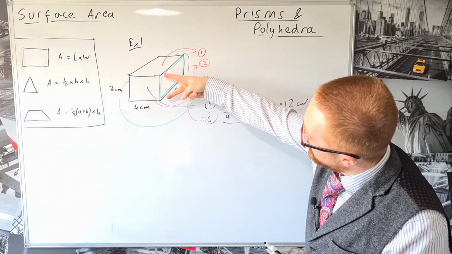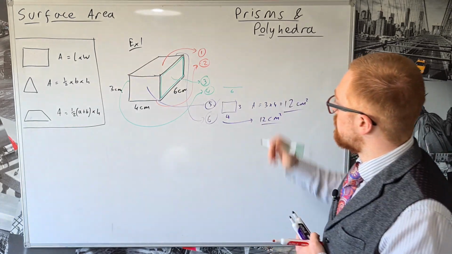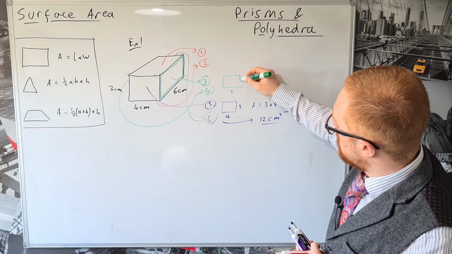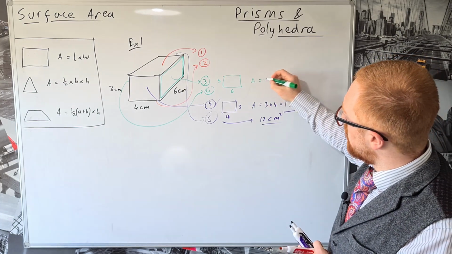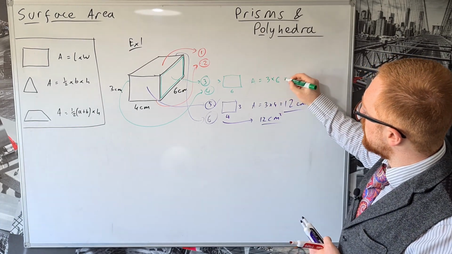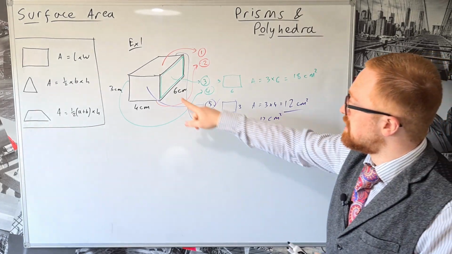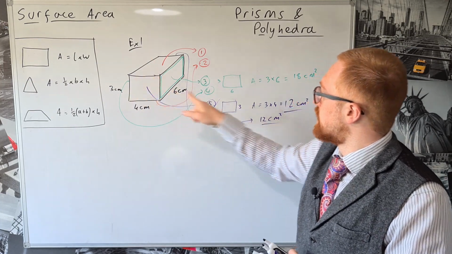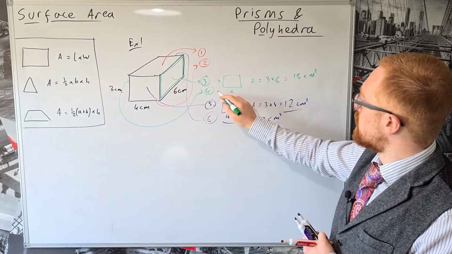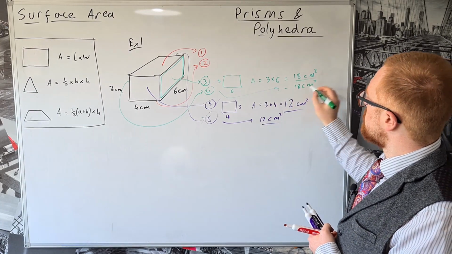But if we look, the height here is the same as this height here, which is 3. So this is a 6 by 3 rectangle. So the area is equal to 3 times 6, which is equal to 18 centimeters squared. And using the same logic as before, this face on the back, or on the left-hand side, I should say, is also 18. So 4 is also 18 centimeters squared.